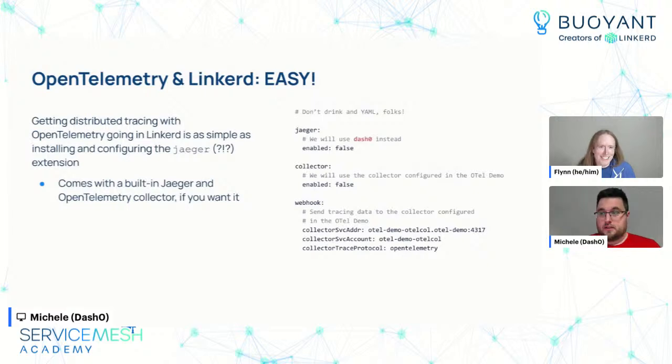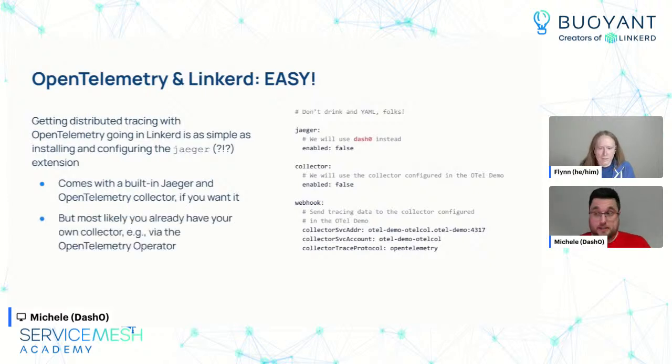Don't use it. If you do want to use Jaeger, try out Jaeger 2.0. It's good. It has a built-in OpenTelemetry collector, but that's not the freshest, shall we say. It's version 0.59, while we are at, I think, 116. So we are going to use the latest and greatest OpenTelemetry collector, which comes built into the OpenTelemetry demo application.